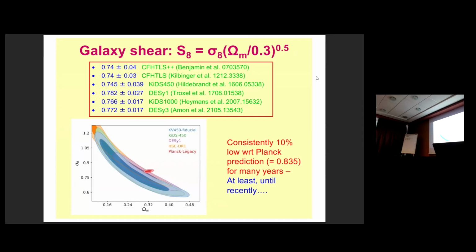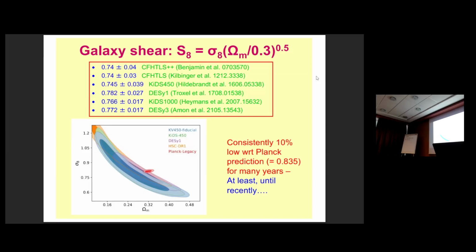And that lensing banana, as they call it, quantified by this combination S8, has historically, since even 2007, been low, so just high 0.7s compared to what Planck is fiducially predicting. And so we've always had these pictures of sigma 8 versus the density, Planck here, the lensing results running somewhat below.